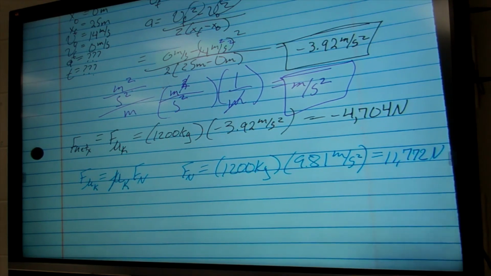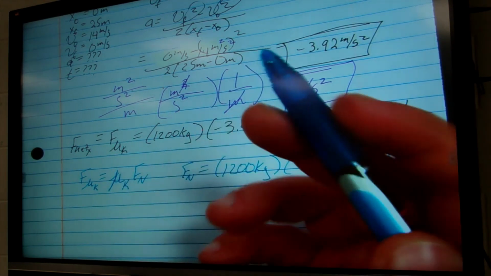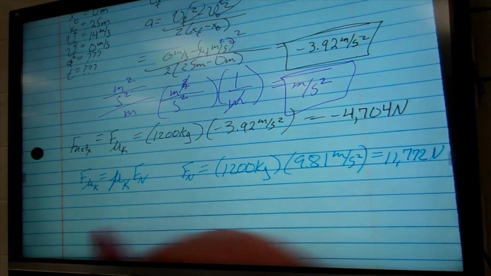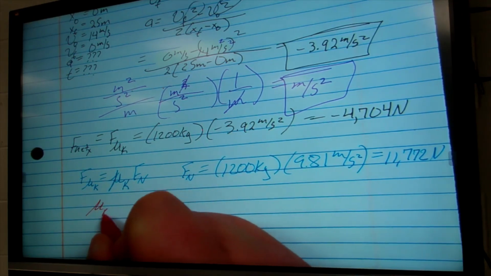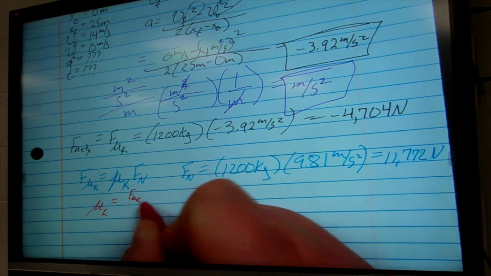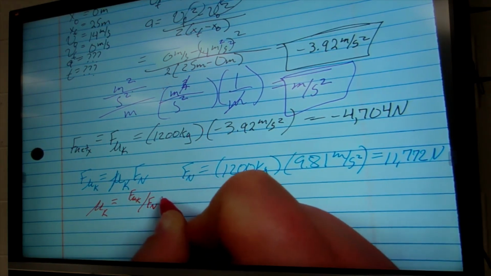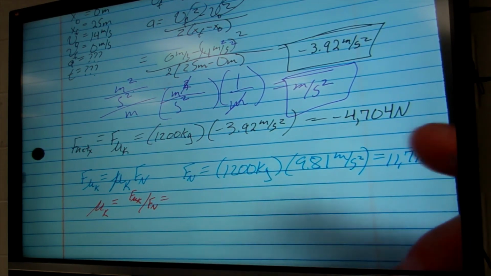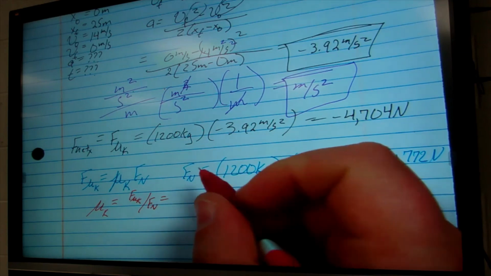So now I can find that the coefficient of kinetic friction is equal to the force of kinetic friction divided by the normal force, which will be negative 4,704 newtons divided by 11,772 newtons. Do I need the negative?